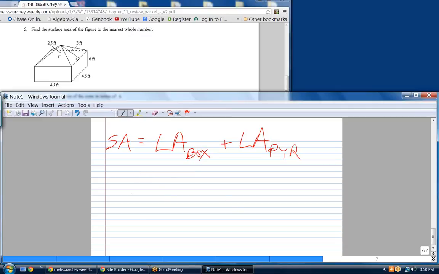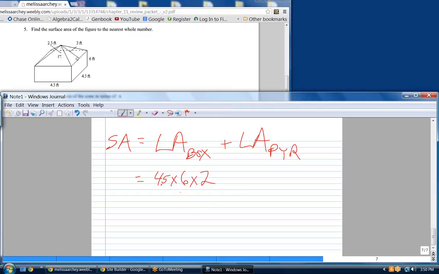And what's the lateral area of the box? Boxes are pretty easy. The lateral area is just 4.5 times 4.5, or no, times 6. Start with the front. Alright, 4.5 times 6 times 2. Correct. That covers this front and the back.